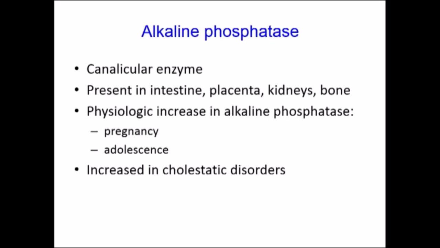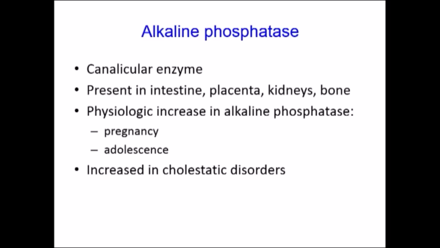The third enzyme we use is alkaline phosphatase, which is a canalicular enzyme. So you have hepatocytes, and in between hepatocytes is a biliary canaliculus. And that's where the bile that is made in the hepatocyte goes into the biliary canaliculus. So it's a canalicular enzyme, but it's also present in the intestine, placenta, kidneys, and bone.